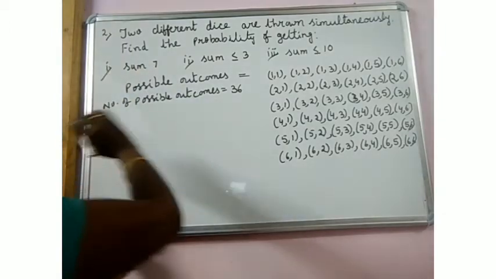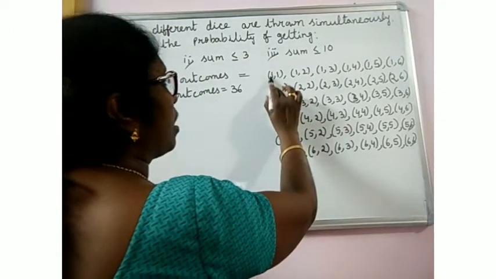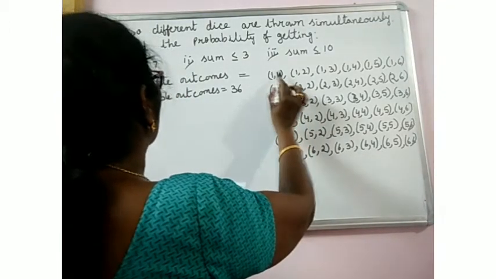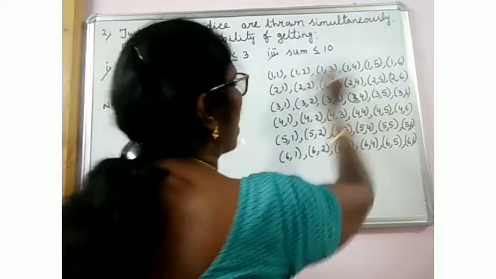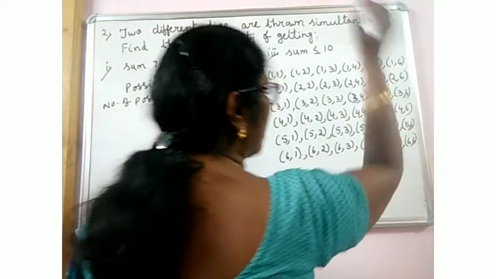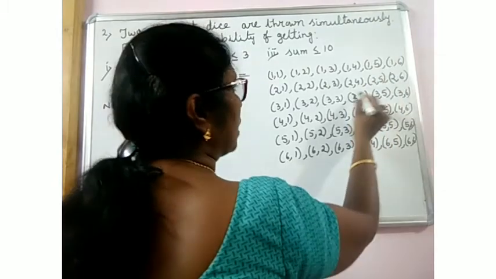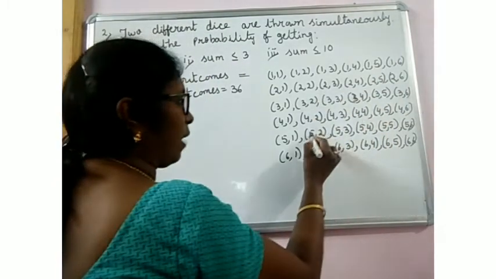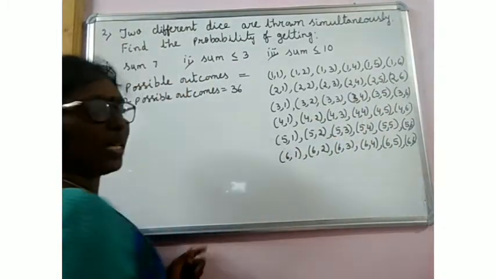Sum 7 means 1 plus 6 is 7, then 2 plus 5, 3 plus 4, 4 plus 3, 5 plus 2, 6 plus 1.